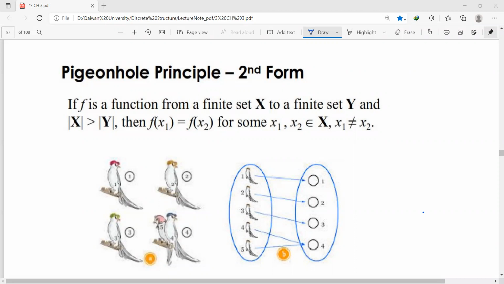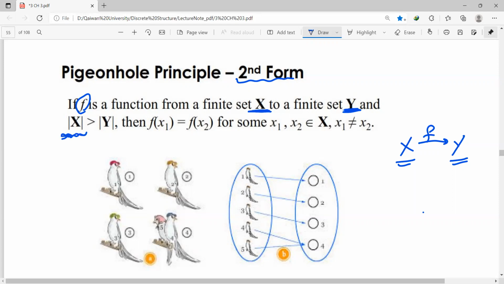But in the second form of the pigeonhole principle, we work with functions. If f is a function from a finite set x to a finite set y, and the cardinality of x is greater than the cardinality of y, that means the number of elements in x is more than the number of elements in y.